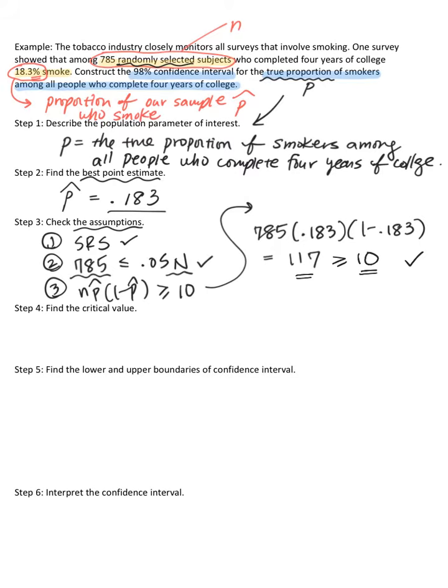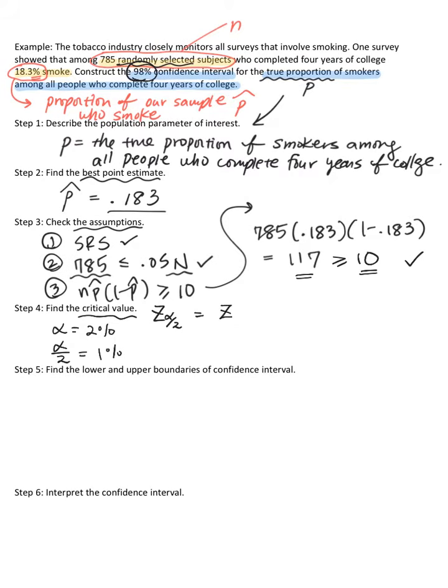Step 4, find the critical value, z sub alpha over 2. To find alpha, we need the confidence level, which is 98%. That means alpha is 2%, and alpha divided by 2 is 1%.